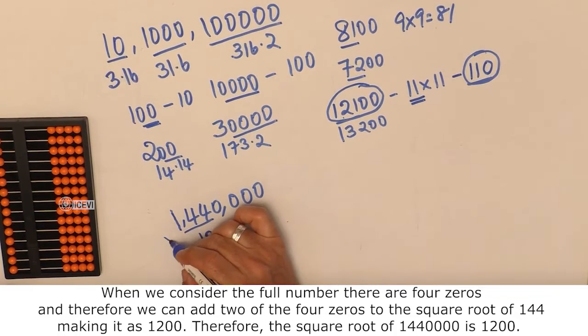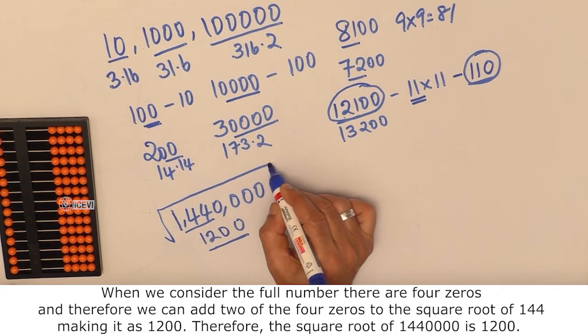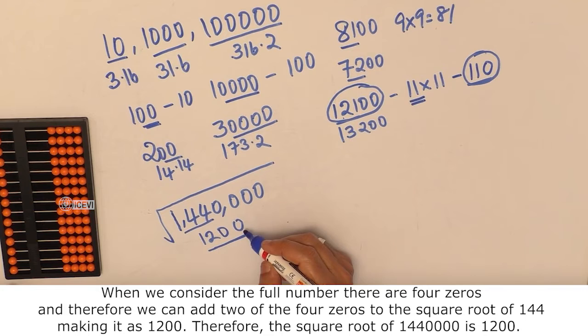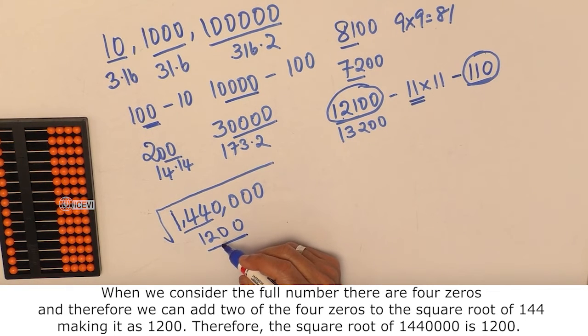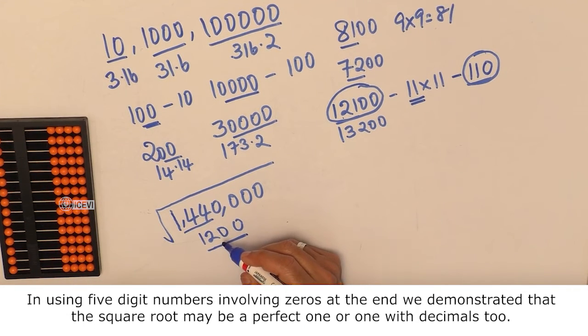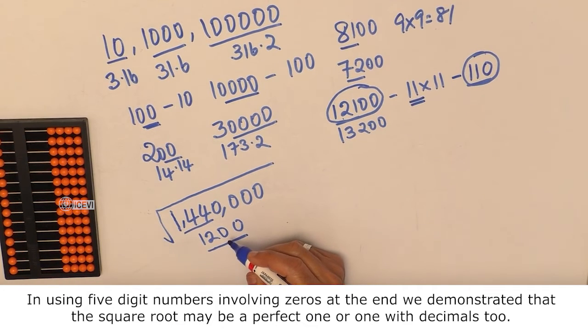Therefore, the square root of 1,440,000 is 1,200.